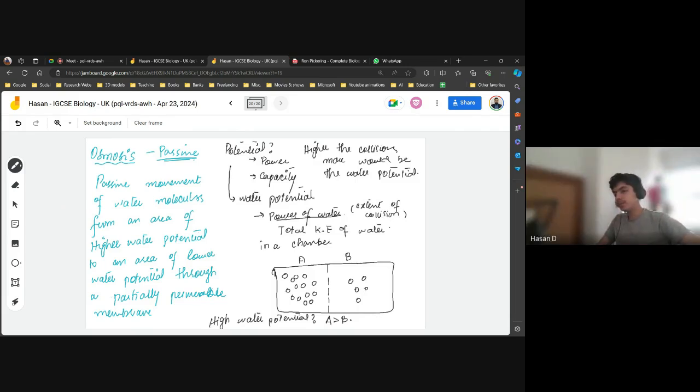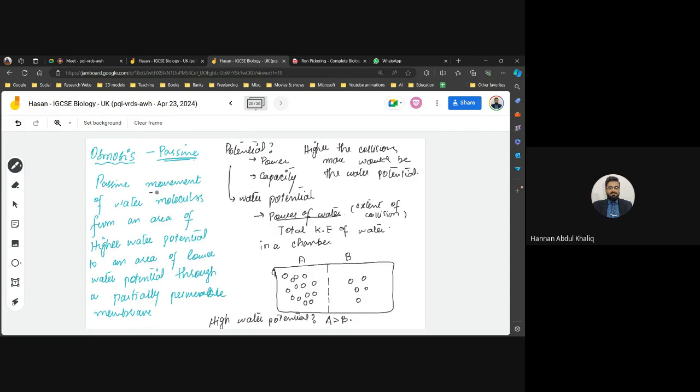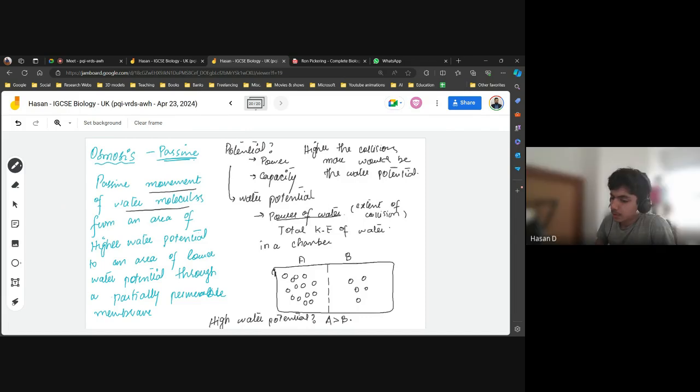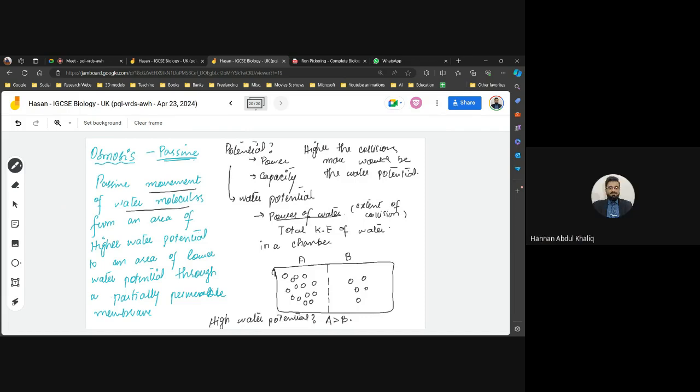Osmosis is the movement of water molecules from higher to lower. Don't say concentration for osmosis. Always say water potential: from higher water potential to lower water potential. So where should it move?